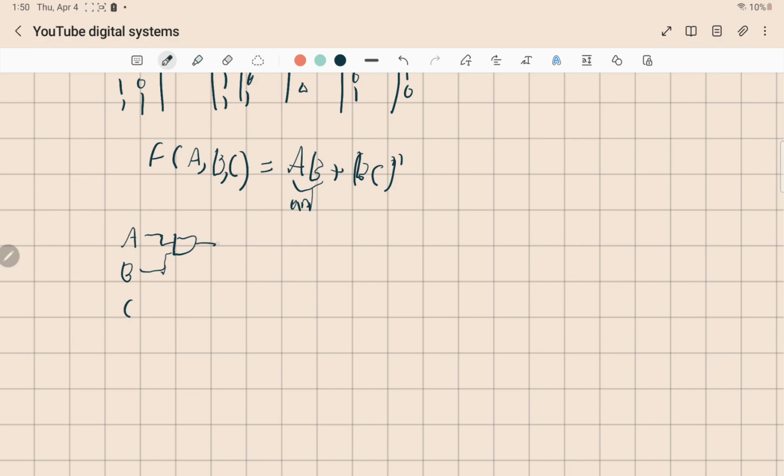Then there's going to be an OR gate after that because it's plus. And for B and C, you can draw a bubble here to show that it's branching off to reuse the line. And it goes into NAND because that's NOT. This is F, the function.